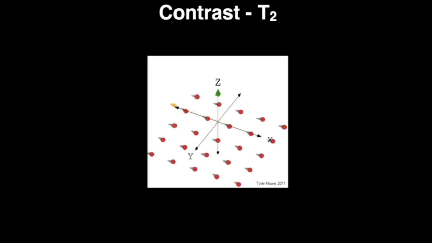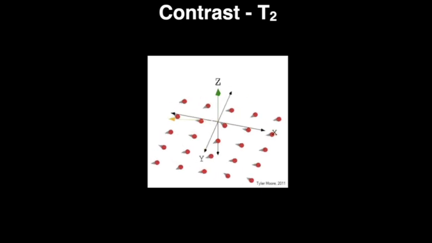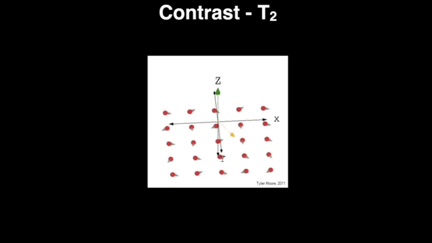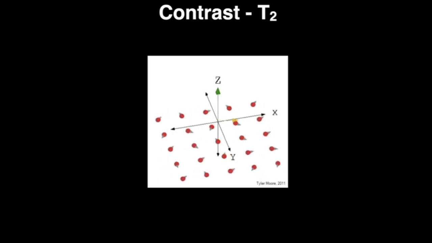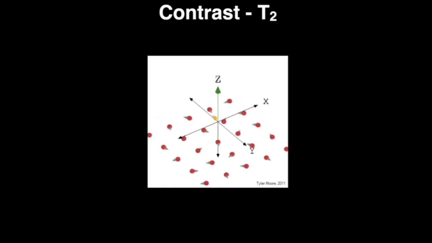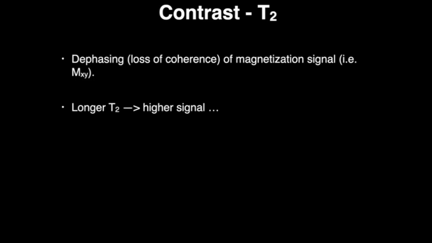So that's depicted here, where the yellow arrow is supposed to represent the sum of all the smaller red arrows. And you can see as those lose coherence with each other, that net sum gets smaller. So this here says T2 contrast or T2 decay. But the converse here is that if you have a longer T2, you have brighter signal, because your signal hangs around longer that you're detecting.